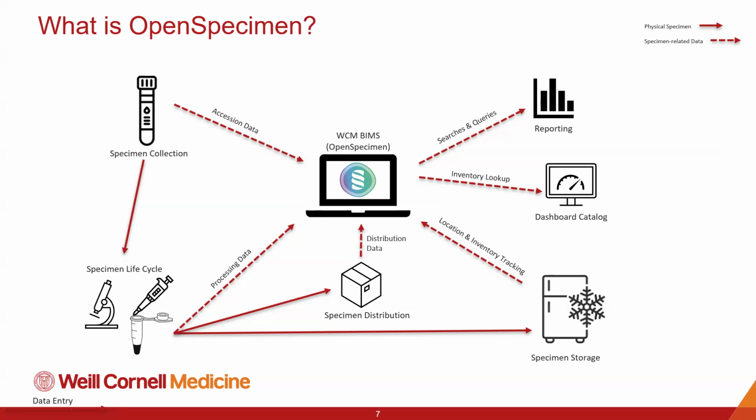So what we're really allowed to do is leverage OpenSpecimen to track the entire life cycle and chain of custody of a specimen. Within OpenSpecimen, there are then modules or tools available that you can use to query your existing inventory or even create a dashboard for a quick glance or quick reporting of all of the specimens that your study or lab has collected.